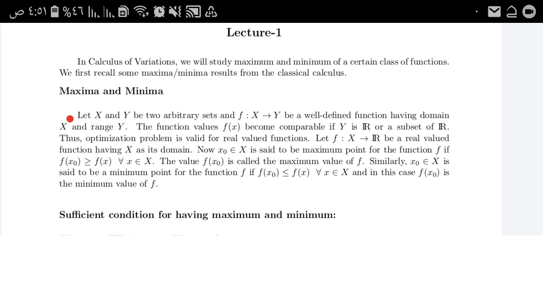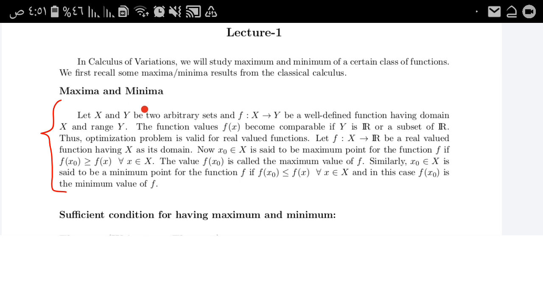So let me read this sentence. Let's read this paragraph about maxima and minima.